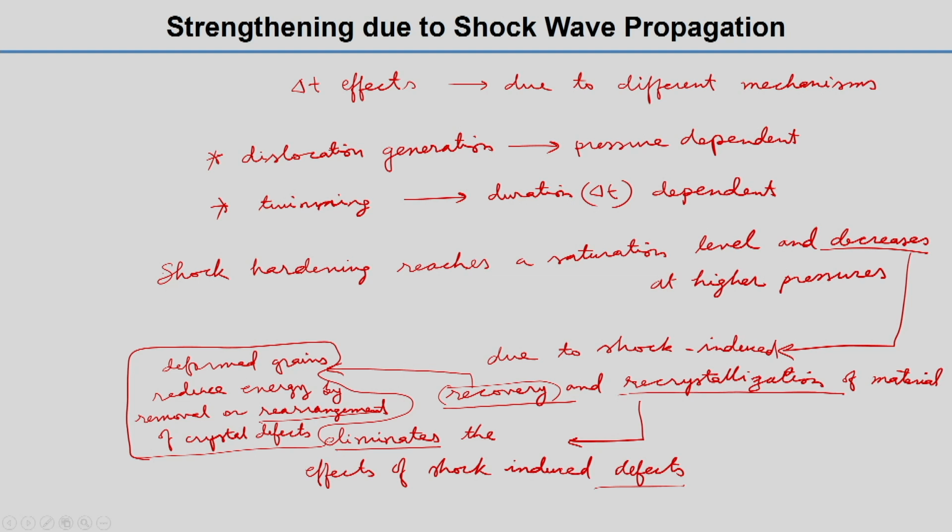Whatever defects were generated during the shock loading will now be reduced or eliminated, and that is why the strengthening will decrease after reaching the saturation pressure during shock loading. That means if you go beyond the limit, the hardness or strength will stop increasing, and it will decrease because of this recovery and recrystallization process.